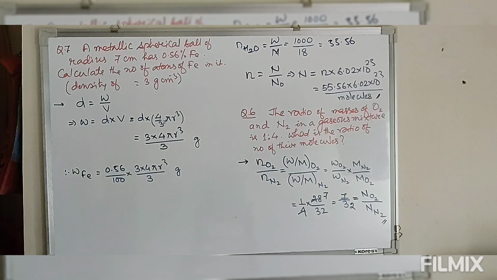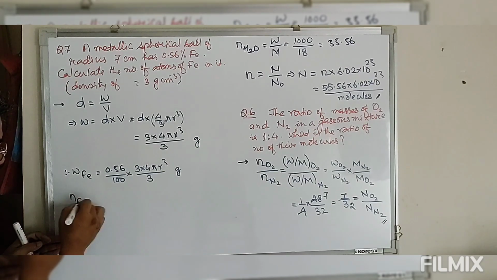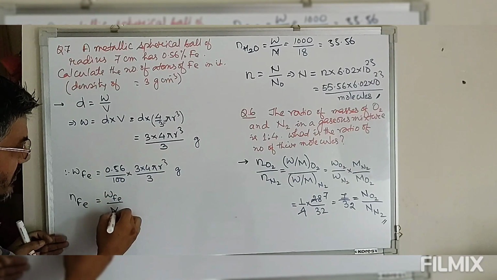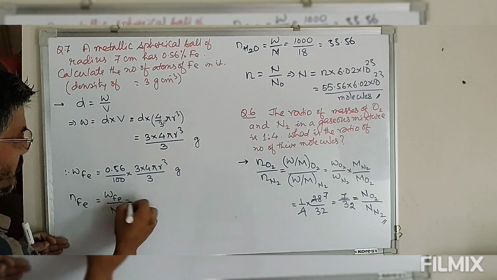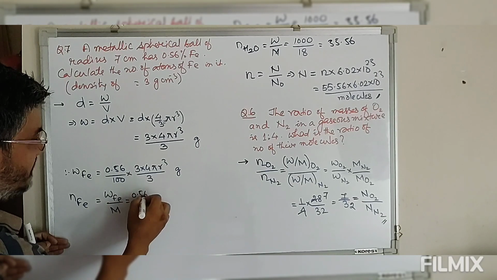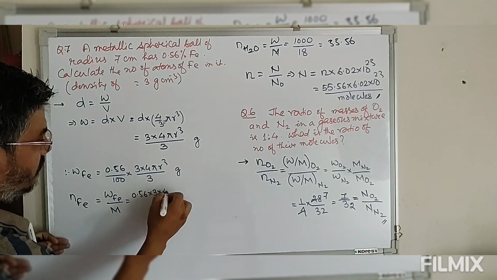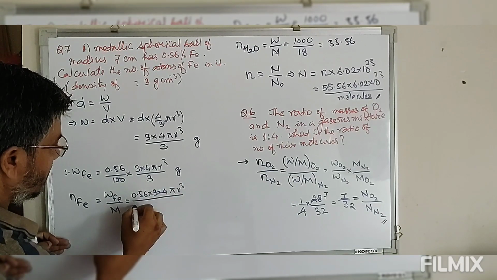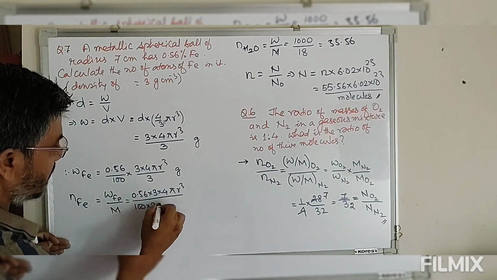Now once we have the mass of iron, we define the number of moles of iron in the sample. So the number of moles of iron is mass of iron divided by molar mass, or gram atomic mass. So we have this mass, 0.56 into 3 into 4 pi r cube divided by 100 into 3.